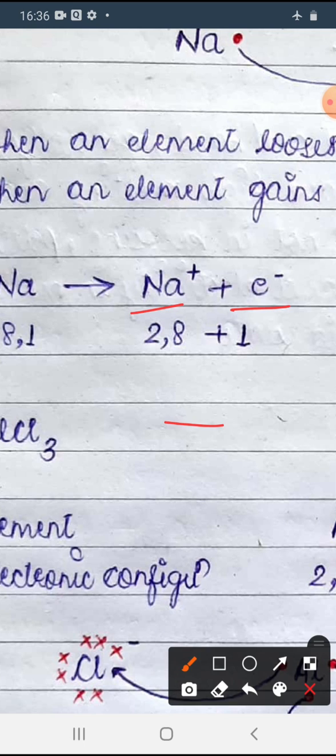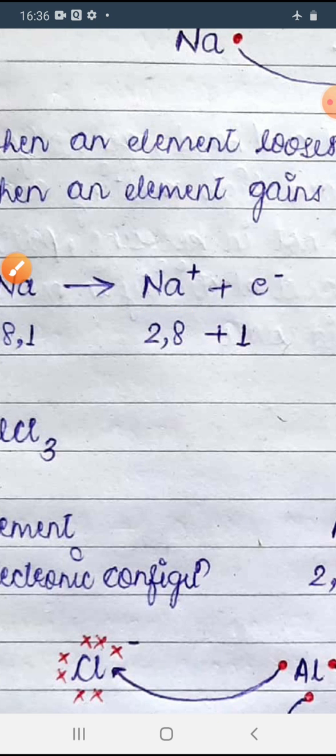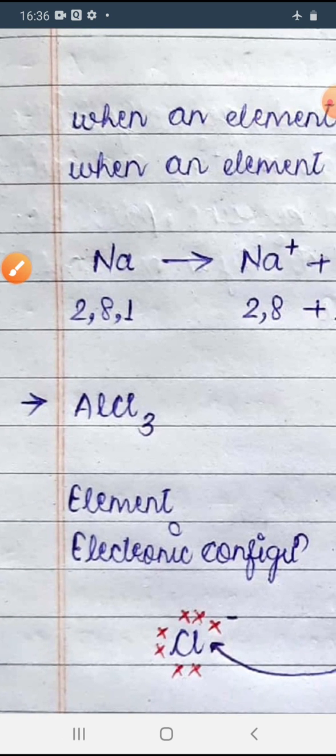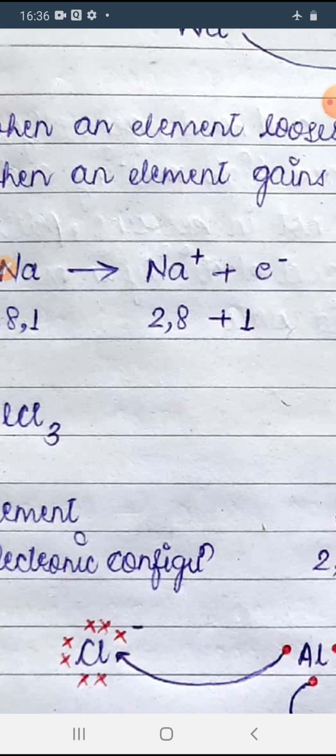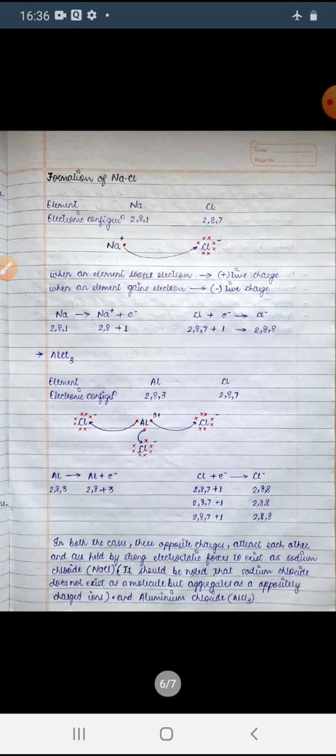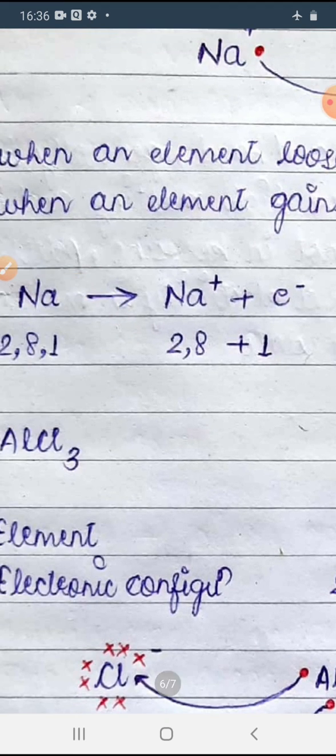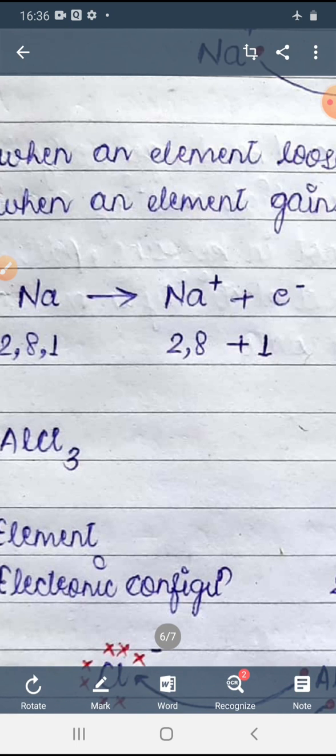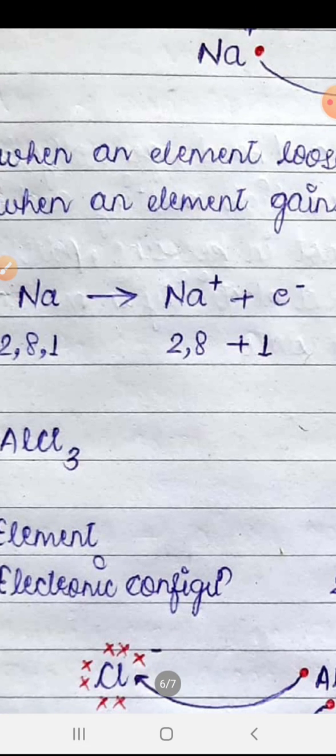Okay, so if we talk about the electronic configuration of sodium, we know that it is 2, 8, 1. But after losing one electron, the electronic configuration of Na+ will be 2, 8, and one electron is lost here. So sodium has attained the stable electronic configuration, that is 2, 8, and one electron is released.